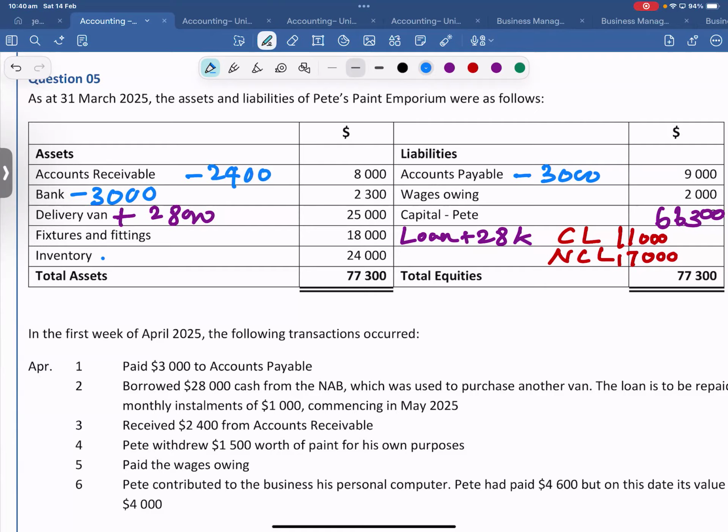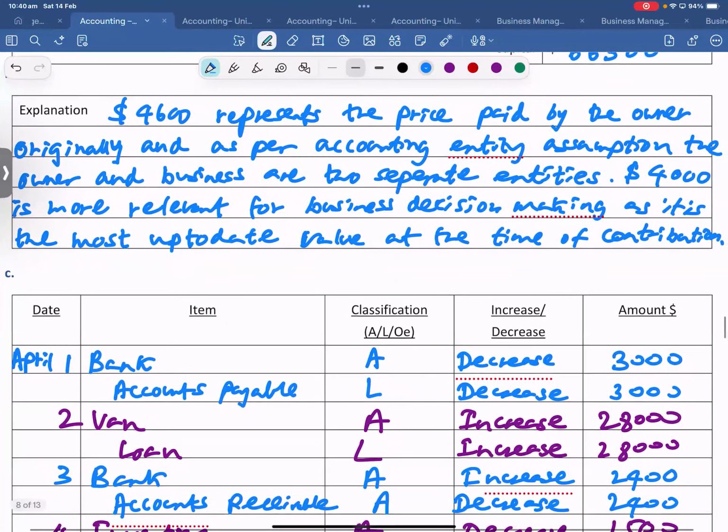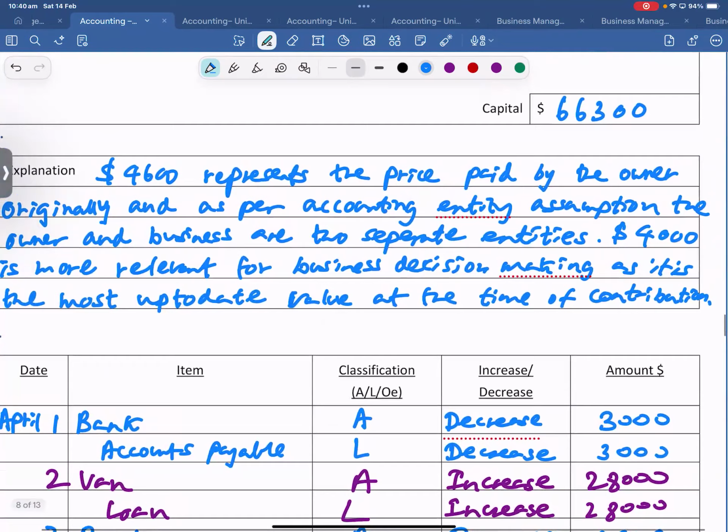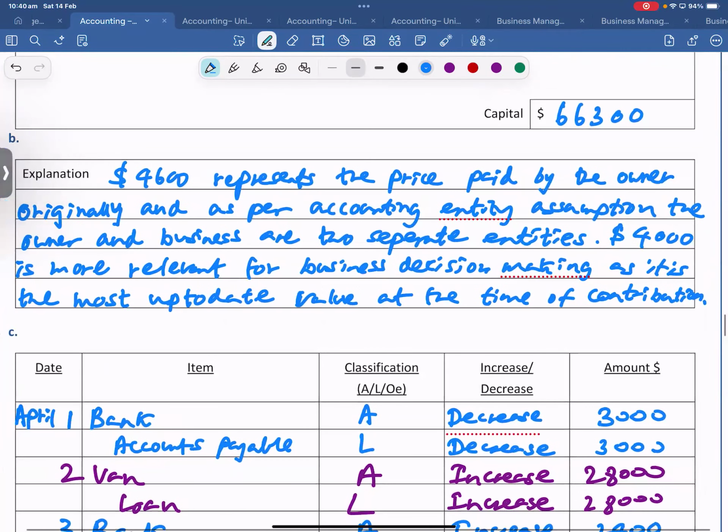And then what's the other item? The other item is what are you receiving? Oh, you receive money. So your money increases. Okay. Then what's the impact on the accounting equation? Your bank would increase because you're receiving money from your accounts receivable.